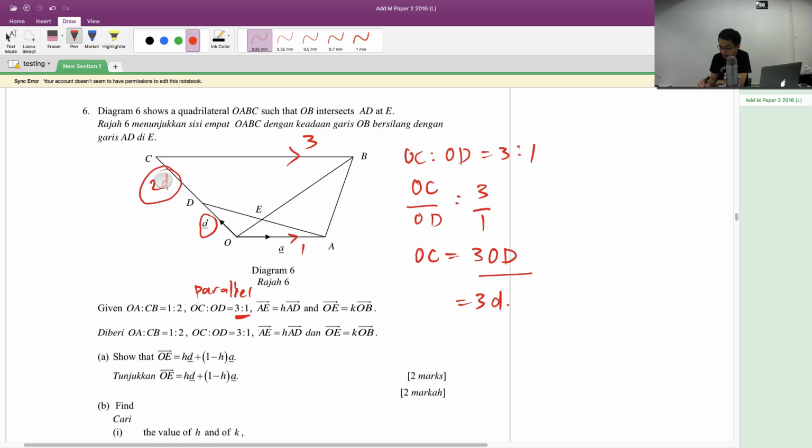Right, and then you have both of these. The first one asks you to show OE, O to E. It's very easy. Okay, let me see. Is that easy? O to E. Is it cut into the half?